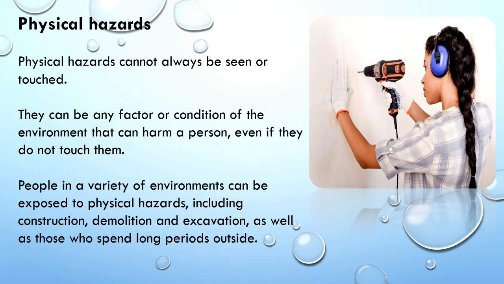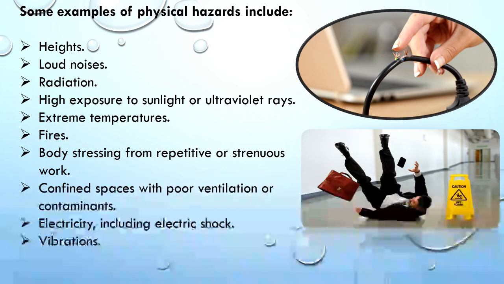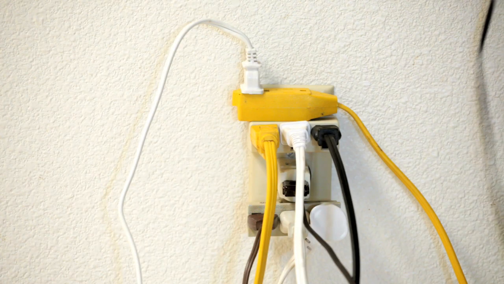People in a variety of environments can be exposed to physical hazards, including construction, demolition and excavation, as well as those who spend long periods outside. Some examples of physical hazards include heights, loud noises, radiation, high exposure to sunlight or ultraviolet rays, extreme temperatures, fires, body stressing from repetitive or strenuous work, confined spaces with poor ventilation or contaminants, electricity including electric shock, and vibration.